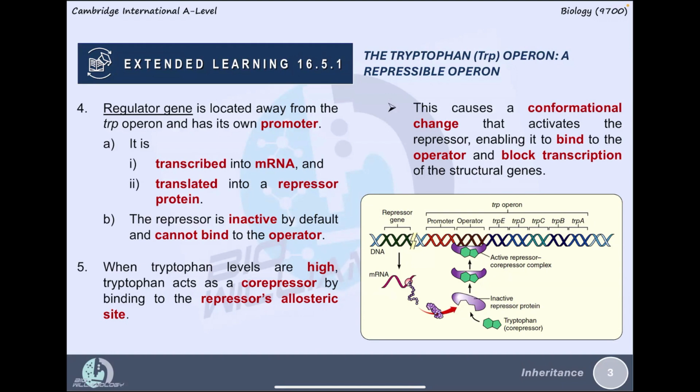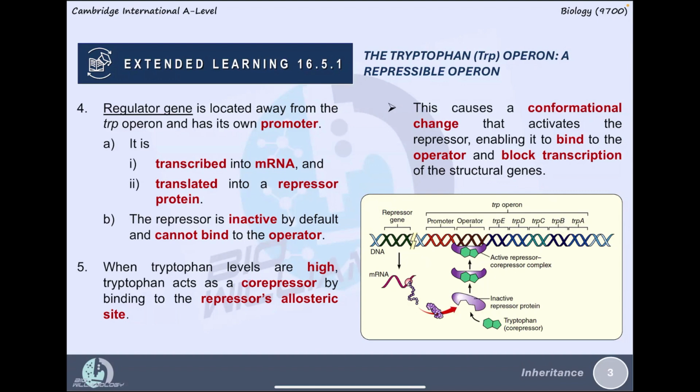genes. And this is correct, and it makes sense because the repressor protein is inactive by default, so that these 5 structural genes can be transcribed and form the enzymes needed for the biosynthesis of tryptophan.